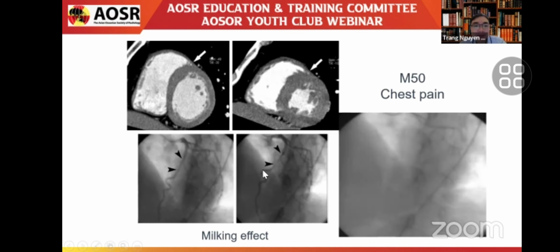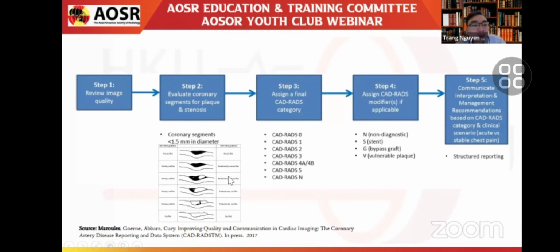So when we analyze the coronary CTA, as we discussed, step one, we review the image quality. There are many factors that we take care of: the heart rate, the image quality, artifact or not. Then we evaluate the coronary segments and plaque analysis.